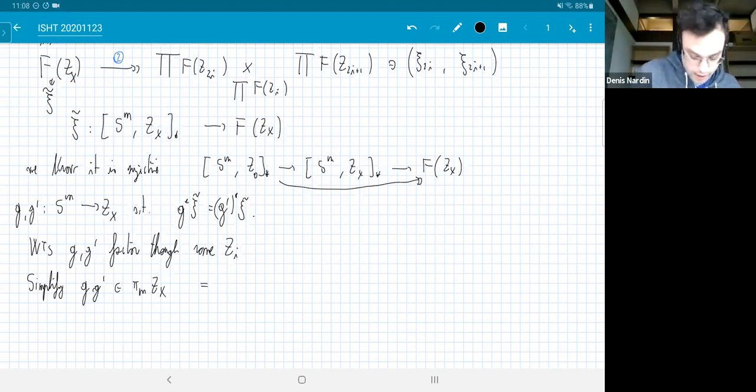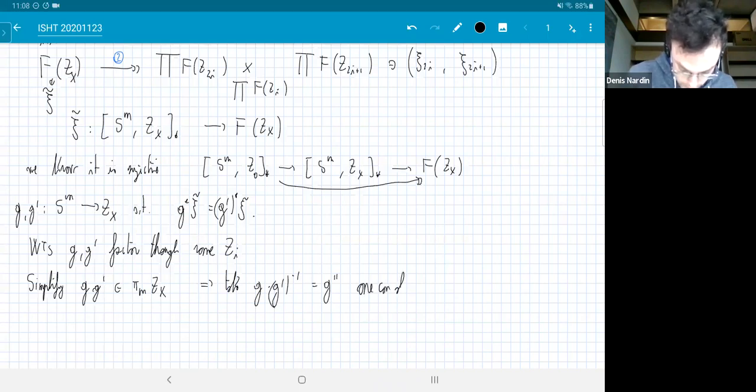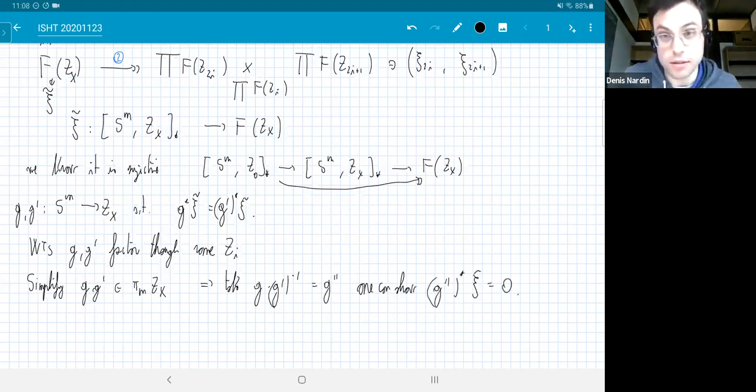So I can just take G times G prime inverse. That's a group, so we're allowed to do it. And this is what's called G double prime, and one can show G double prime upper star of psi tilde is 0. That point 0 that I described.